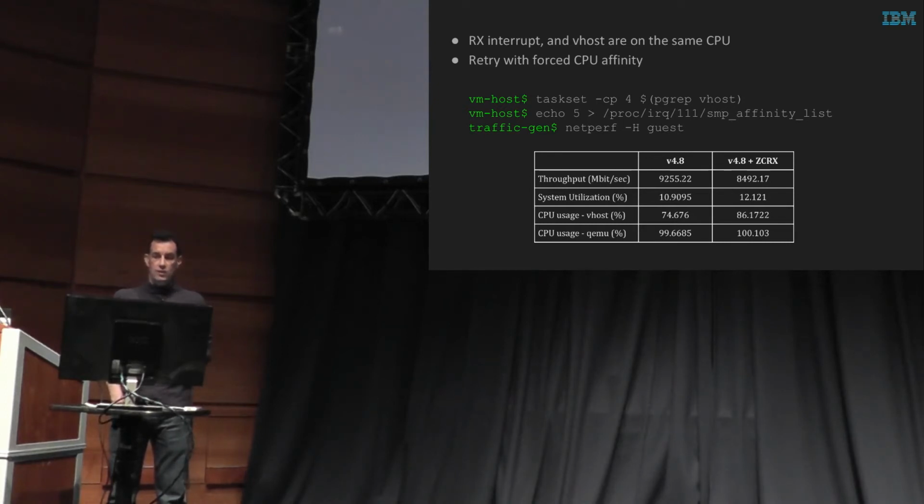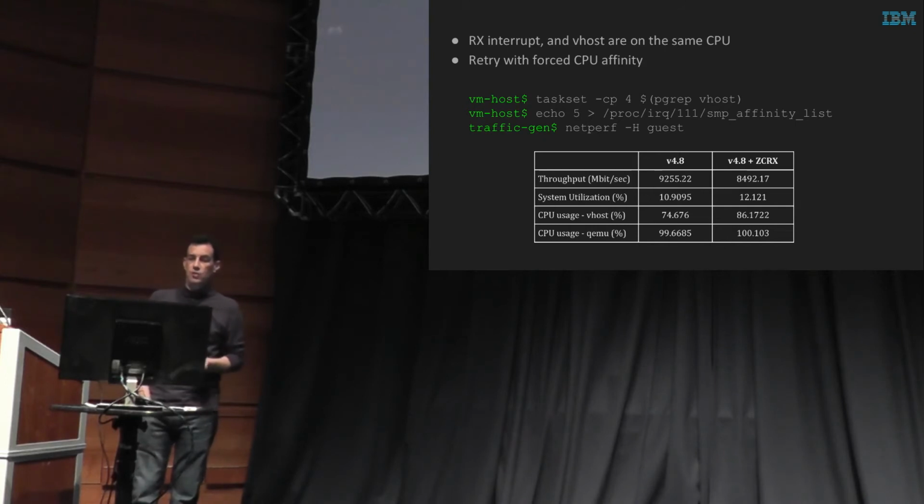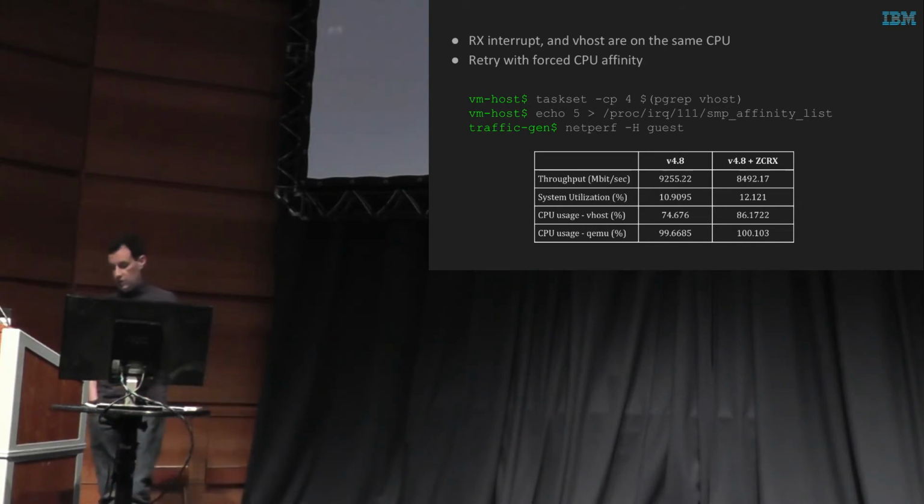And we saw that this improves the situation: with CPU affinity, when we were forcing vhost to run on different cores than the RX interrupts, we got much better performance than previously. We still used more CPU than the baseline, and we were not too happy about that.